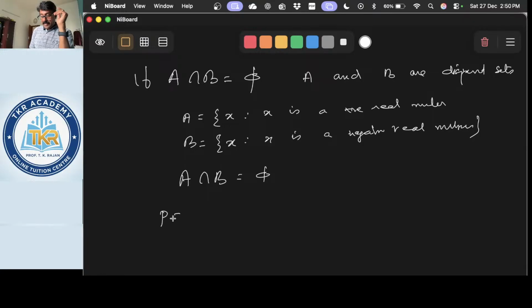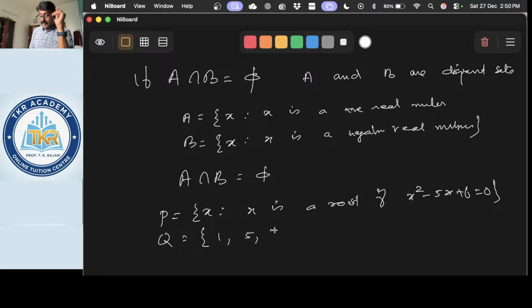Another example: P is equal to the set of all x such that x is a root of the equation x squared minus 5x plus 6 equals 0, and Q is a set such that it is some 157. Then clearly P intersection Q is equal to the empty set, because P is actually the set {2, 3}.